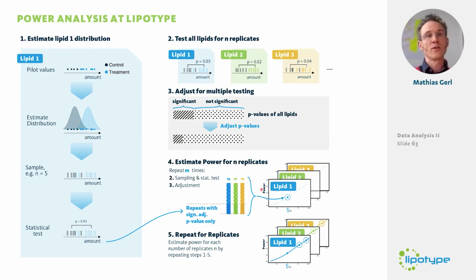And from that, you can then say, okay, because I only found, let's say, 20 of 100, I have now 20% power in the case of this one lipid that I drew 5 replicates. But you can obviously do that also for lipid 2 and 3, and then replicate this not only for the case when you have 5 replicates, but also 1, 2, 3, 10, 50, and so on.